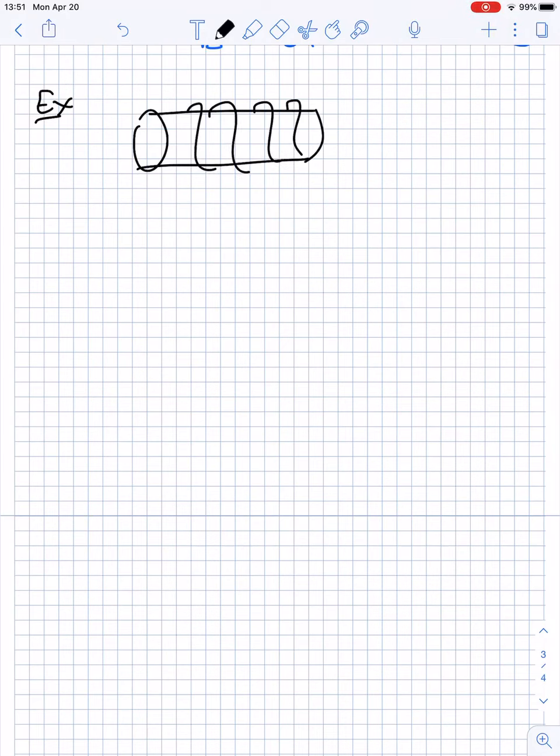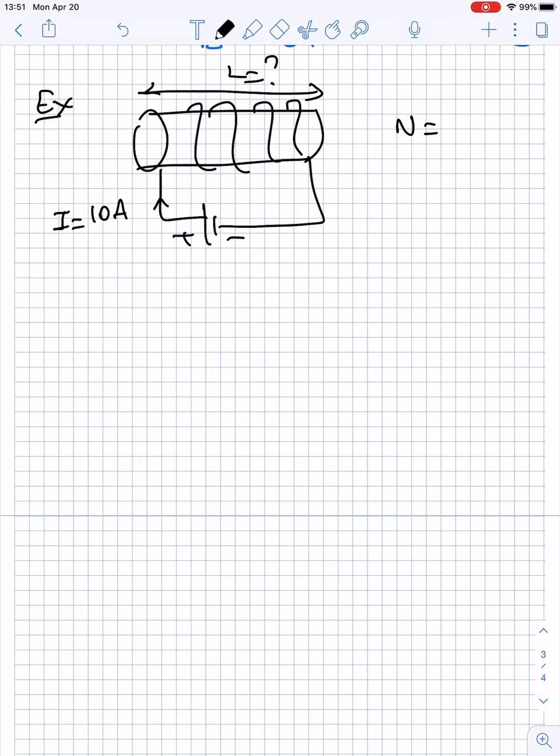Next example. This is our solenoid, with a connecting wire around it. This is my battery, and from the positive side the current starts with 10 ampere. The length of the solenoid L we don't know, and N is 20 turns around the solenoid.